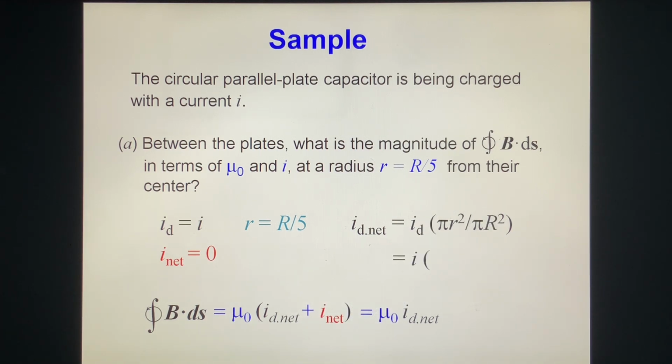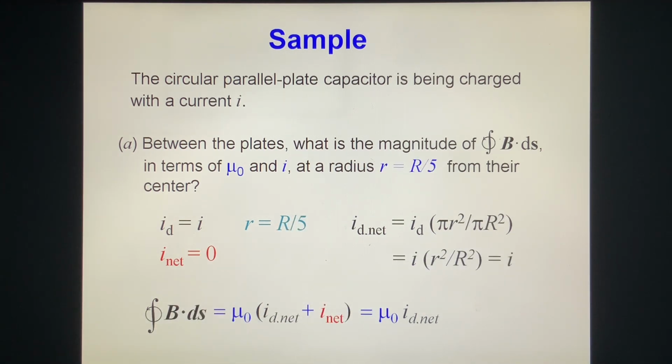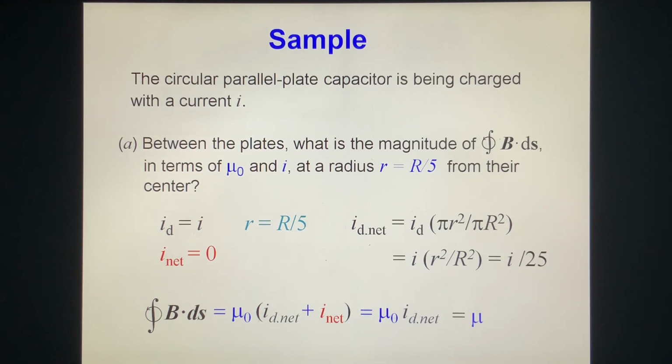So we put r equal to big R over pi, and we get I_D equal to total I over pi squared. Then we put one side. That's it. We find the B location.